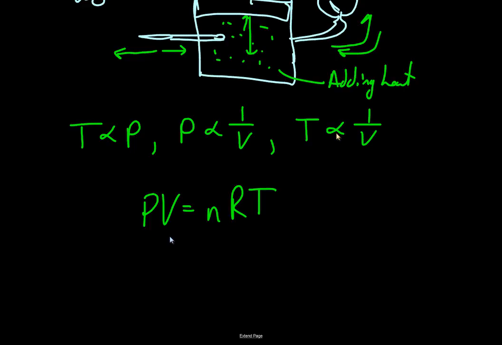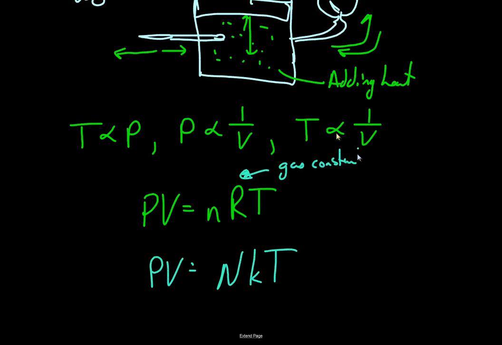Or another way to put it, kind of a more physicsy way to put it, is this. This you probably haven't seen before. In chemistry, you would use this. This R is the gas constant, the universal gas constant, and it is 8.314.